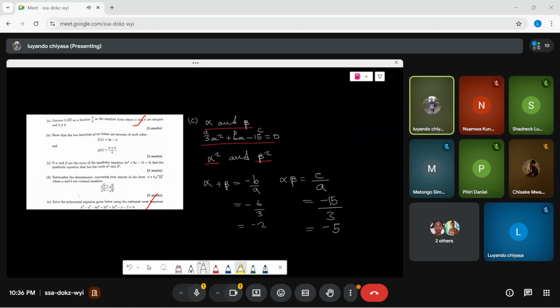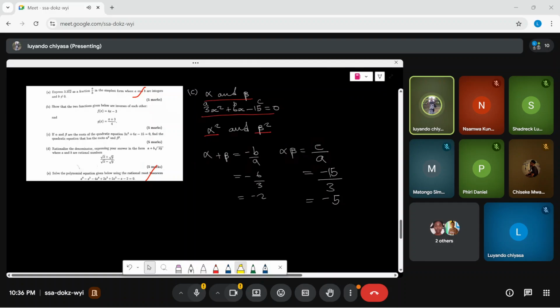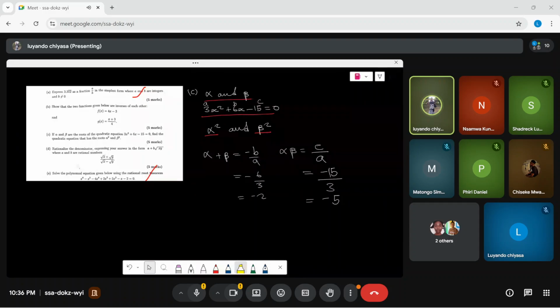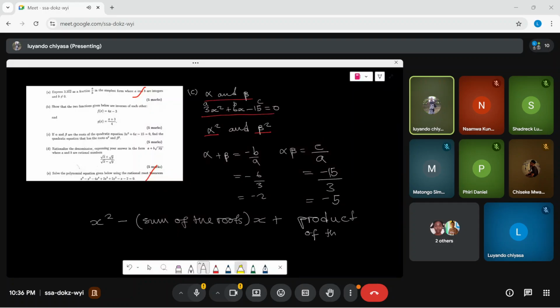And we know that every given quadratic equation can be expressed in the form of its roots: x squared minus the sum of the roots times x plus the product of the roots is equal to 0.